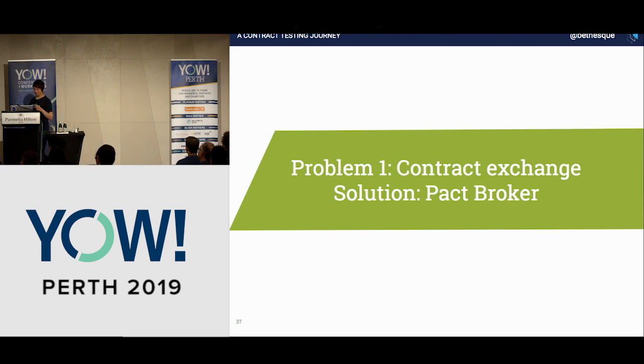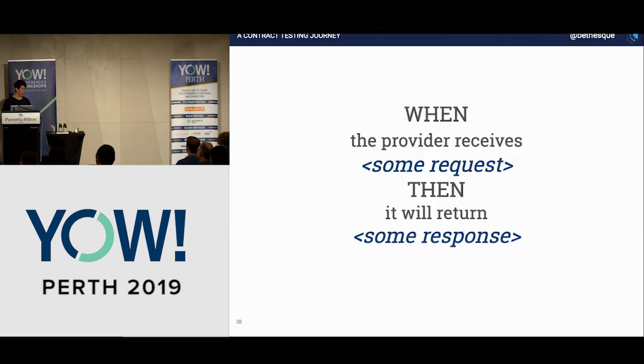Now, one of the things we discovered when we had been using this contract testing over the period of a few months was that you can make the same request, and depending on the state of the provider, you can get a different response. So the way the contract had initially been written was that when the provider receives a certain request, it will return a certain response.